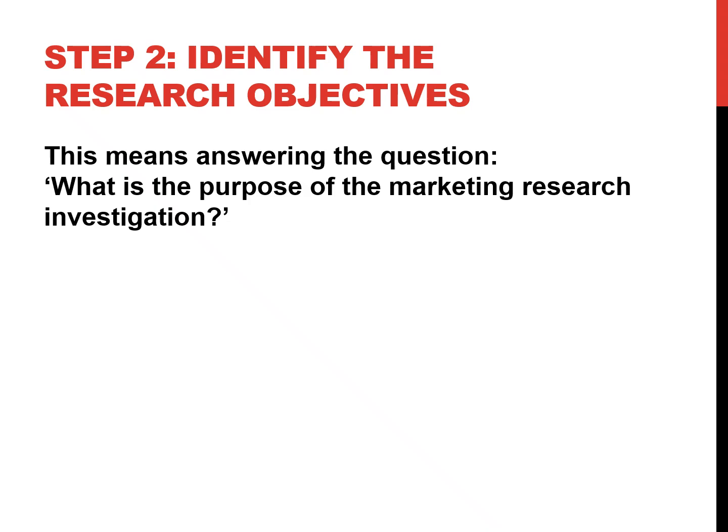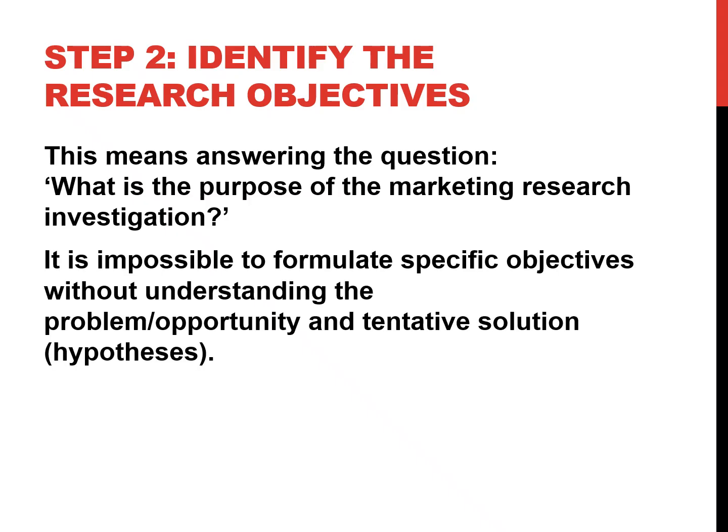So the next step is to really identify the research objectives. What is the purpose of the marketing research? And it's really impossible to formulate specific objectives without understanding the underlying problem or opportunity. And often what we also include is a tentative solution. So for example, we spoke about what I illustrated earlier about consumers perhaps not buying our product and what are their perceptions.